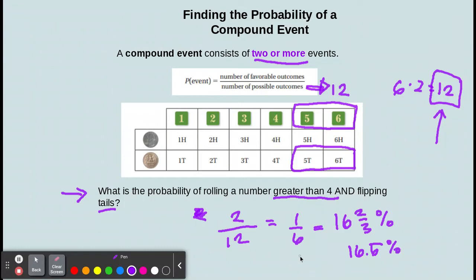All right. So what is that on our likelihood scale? Probably unlikely, right?